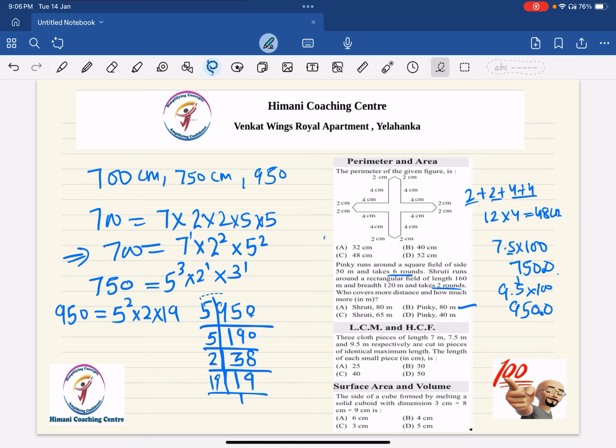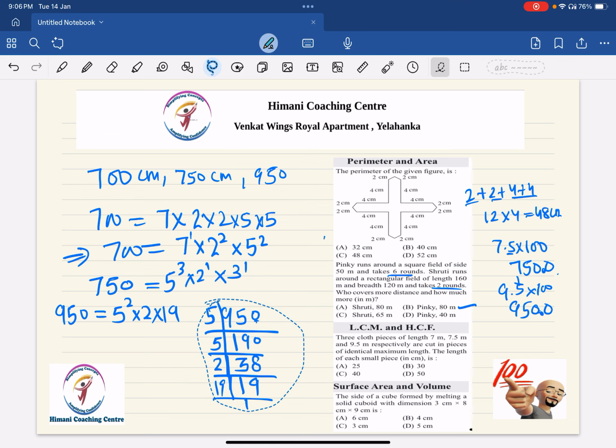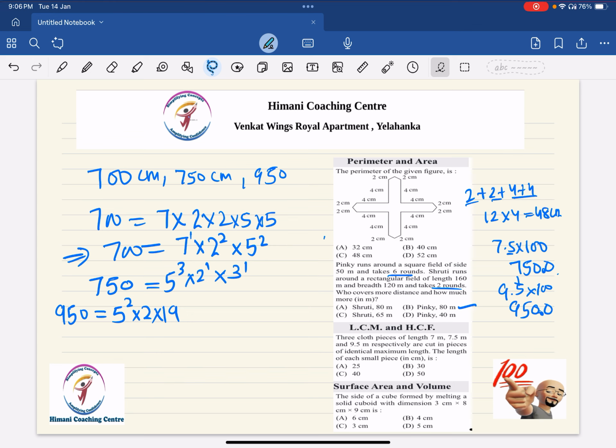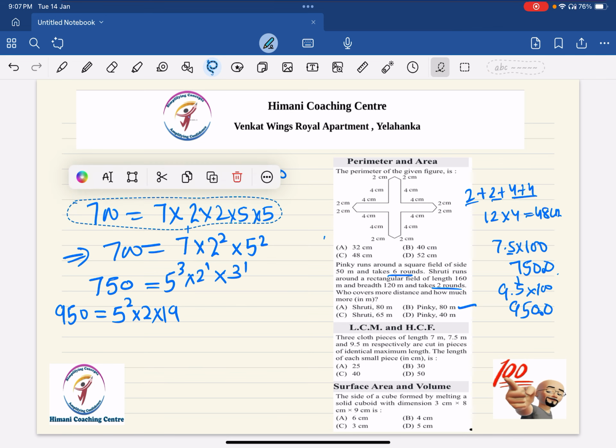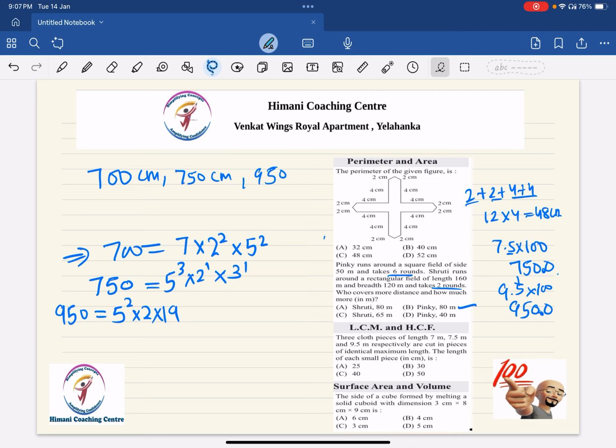Now how do we find HCF? For HCF, we look for common numbers and the least power. Common number and the least power. So let's do that. So what is common in all three? Can you see? There is 5 here, there is 5 here, there is 5 here. What is the least power? 5 square.